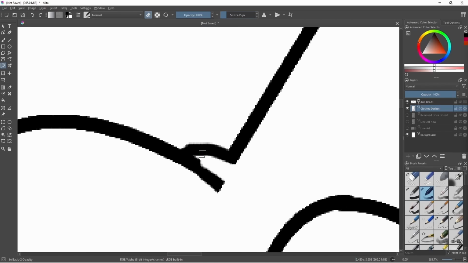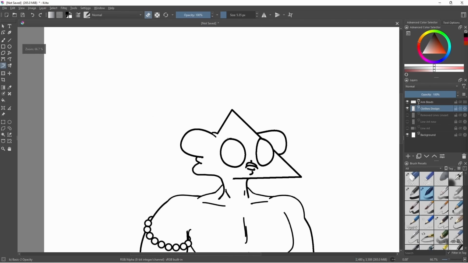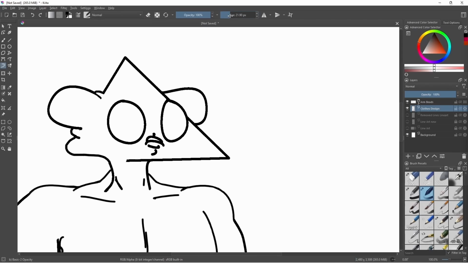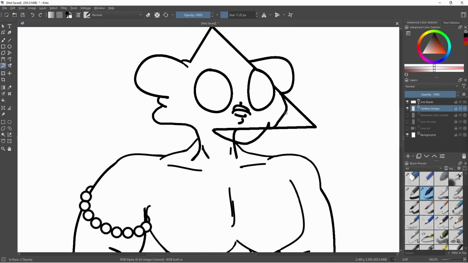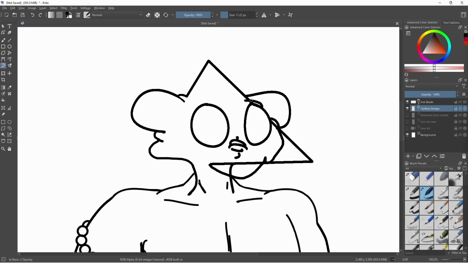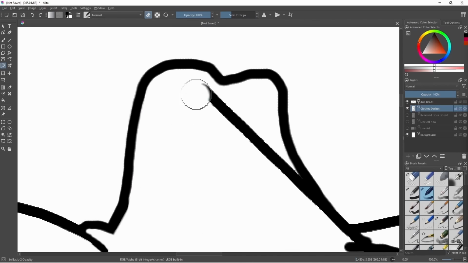So here in the drawing we're trying to keep the triangle shape, right? But we're also trying to make it look more of a head shape and not less of a shape while keeping the shape look. I don't really know how to describe it. So we're keeping it a triangle, right?